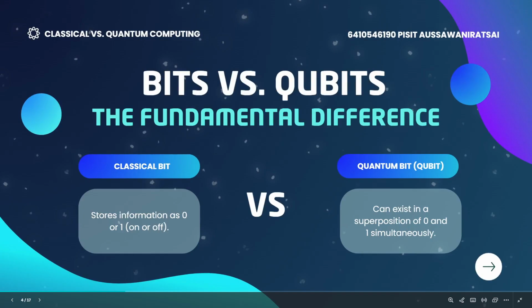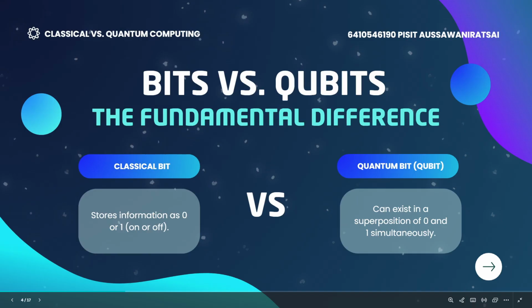At the heart of the difference between classical and quantum computing lie the fundamental units of information. Classical computers use bits, which are like a light switch. They can be either on, representing 1, or off, representing 0, at any given time. Quantum computers, however, utilize qubits.